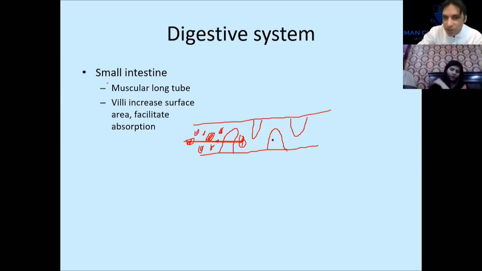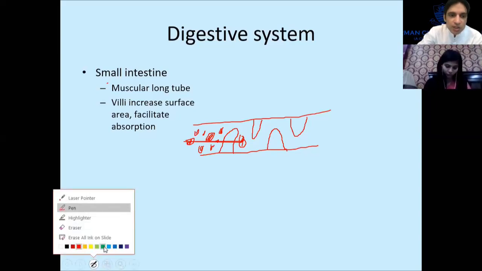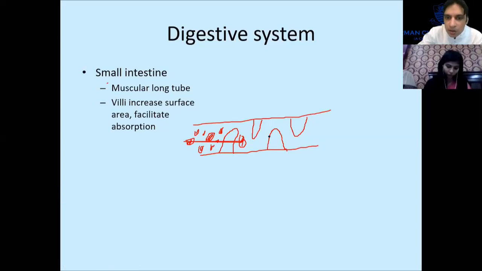These finger-like projections contain blood capillaries.